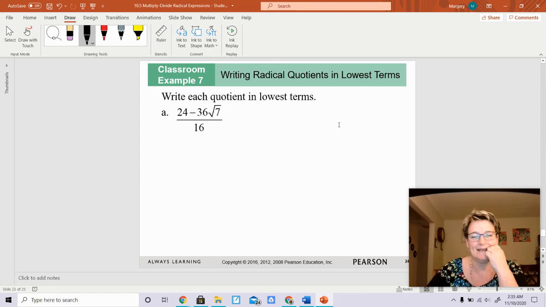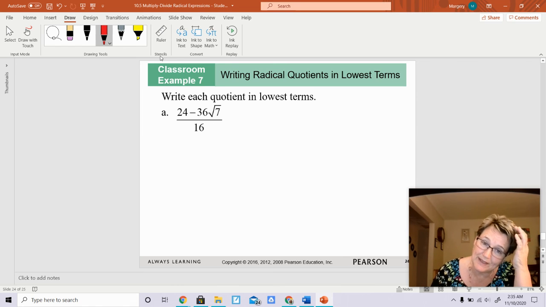All right. Next one. And I only have 2 more, so we got this. I got to break this up into lowest terms and write each quotient in lowest terms. Now, on this problem here, I can't simplify the radical at all. So what I want you to do is look at the 24, look at the 36, and look at the 16. I don't care about the square root of 7.